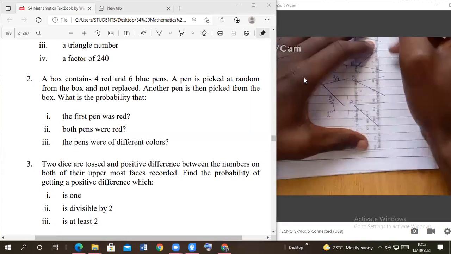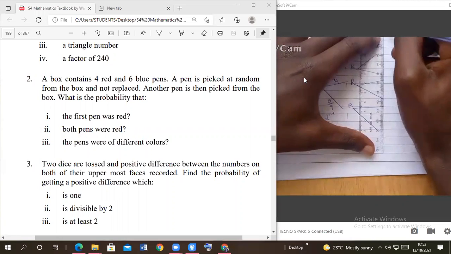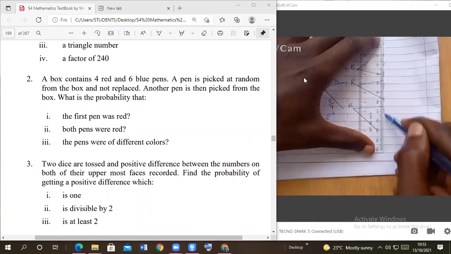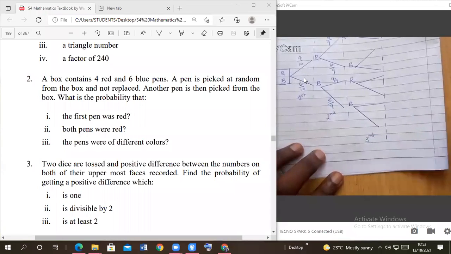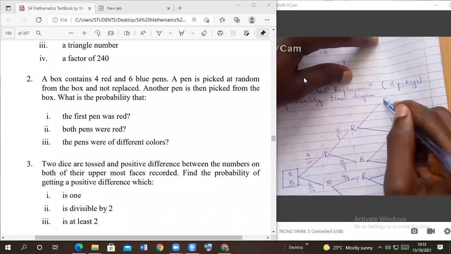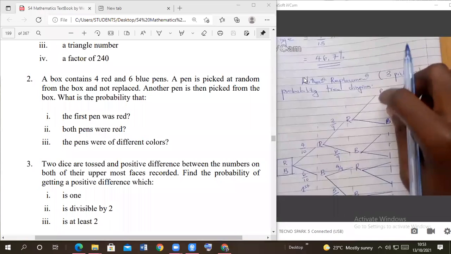So this is our third picking, not so. Red, blue, red, blue. We shall assume the same.